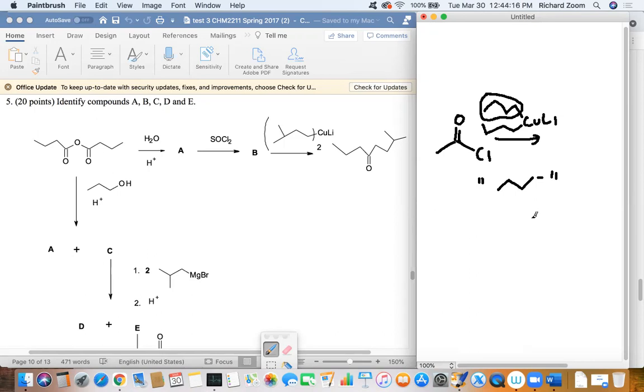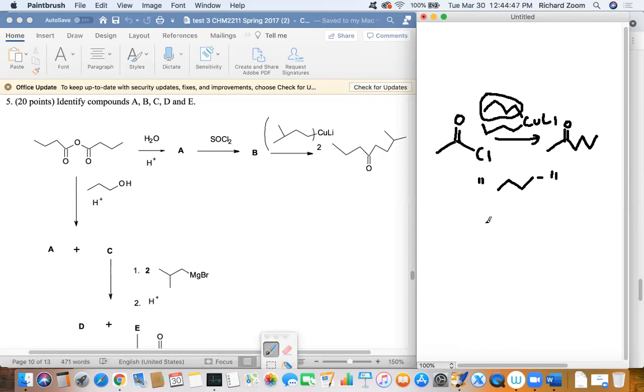So you treat it much like a Grignard reagent, but you ignore the second equivalent. So the product of this ends up being this, where the group here replaces the Cl. And it's just like one of those basic type mechanisms I talked about, where the negative comes in and kicks out the leaving group.